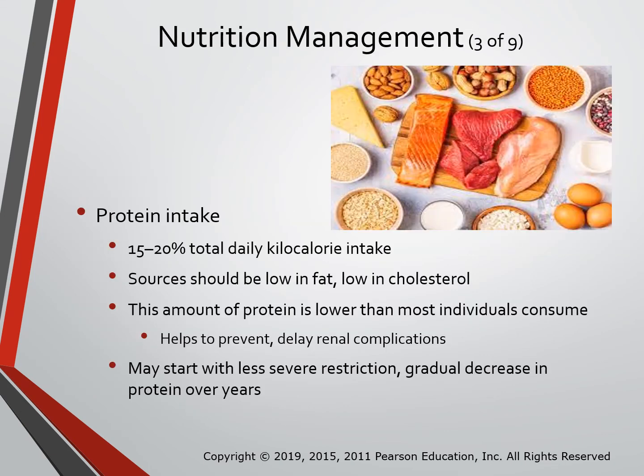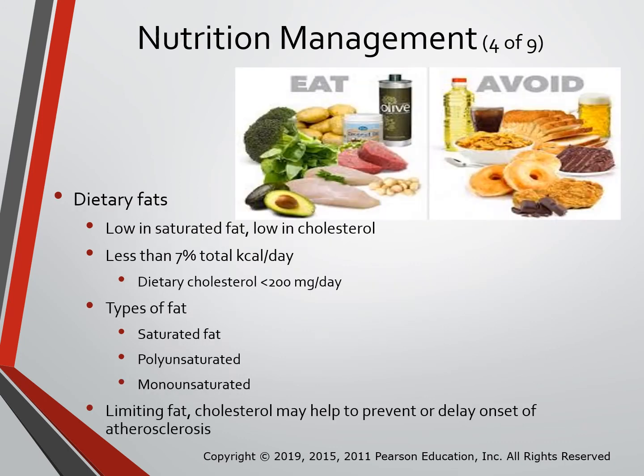Protein intake. We really need to get our protein. And here's, of course, sources of protein: our meats and nuts and grains. Dietary fats, saturated fats, polyunsaturated fats, canola oil, things like that are very good. Olive oil is very good for cooking and those type of things.